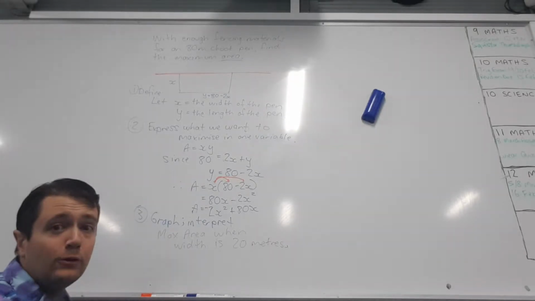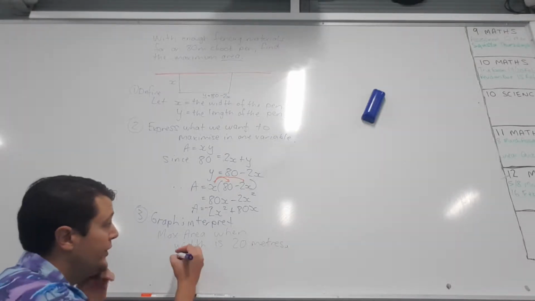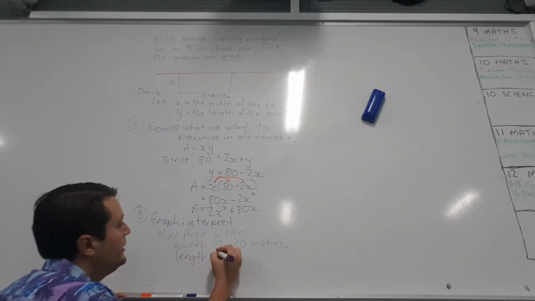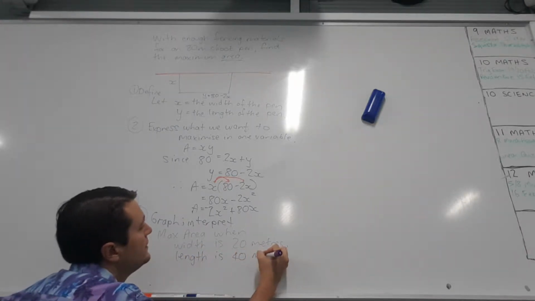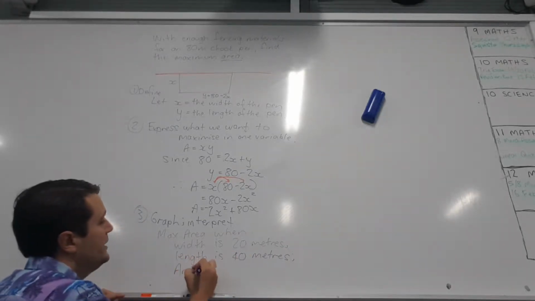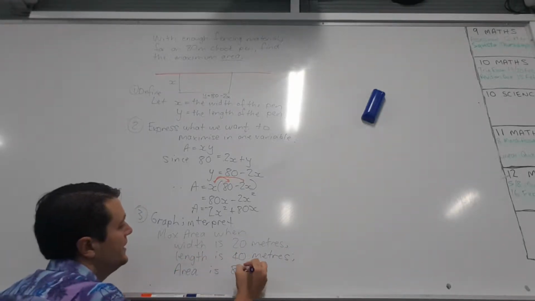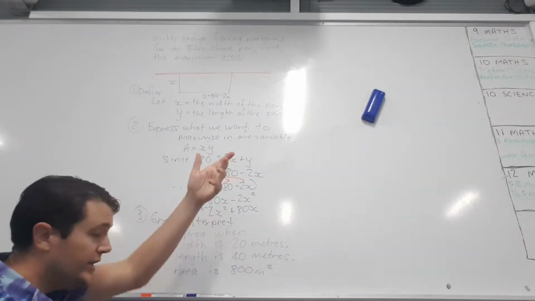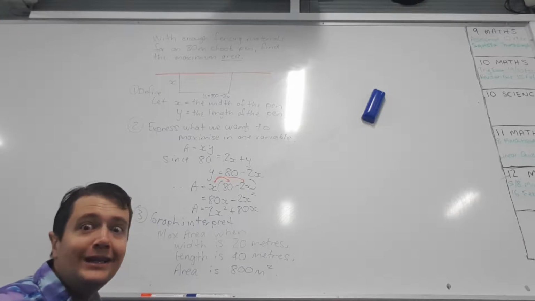That's 80 take away 2 times 20, so the length will be 40 meters. And that maximum area was 800 meters squared, which makes sense. 20 times 40 is 800.